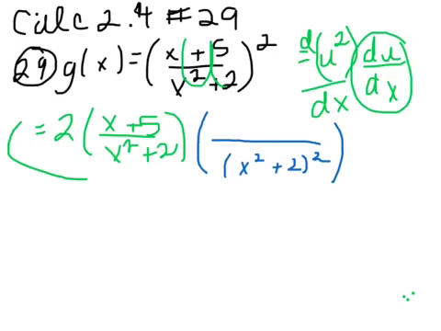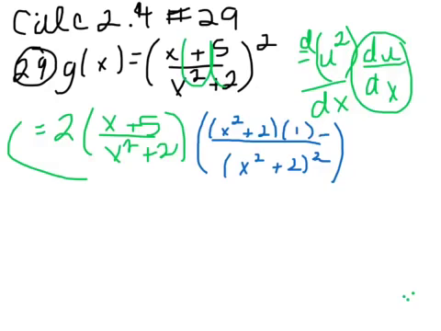Wish I really hadn't closed that parentheses, because we know the top part's the long part. So on the top, it's low d high minus high d low. That means take the function from the denominator and multiply it by the derivative of the function on the top. The function on the top is x plus 5, so the derivative would just be 1, because it's 1x, so you just take the constant off.